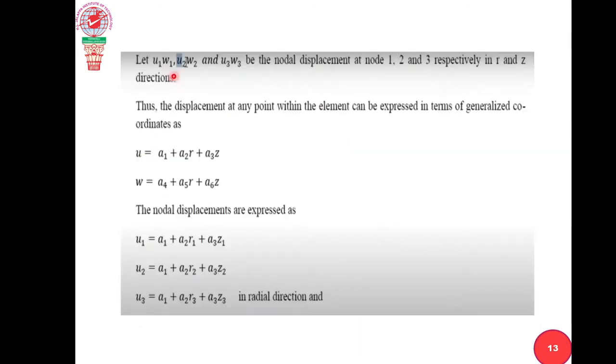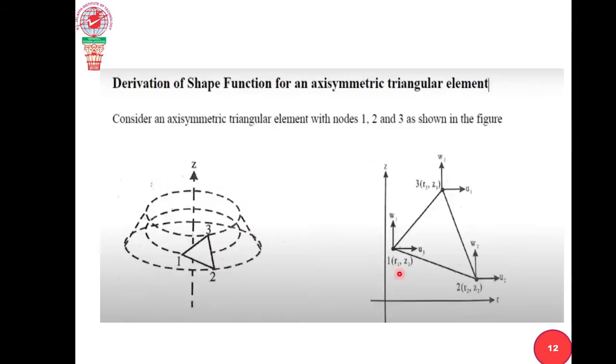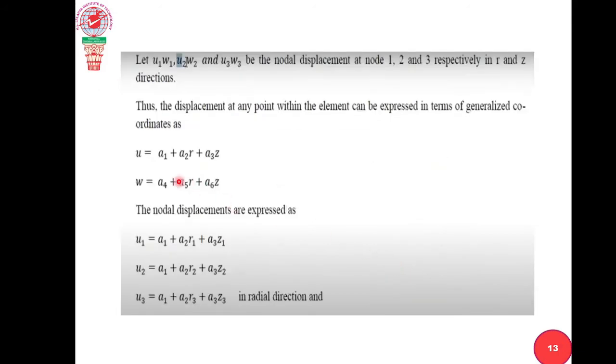That is, w1 is equal to what? w1 is equal to a4 plus a5 into the coordinate at node 1, which is r1, z1. So w1 is equal to a4 plus a5 r1 plus a6 z1.